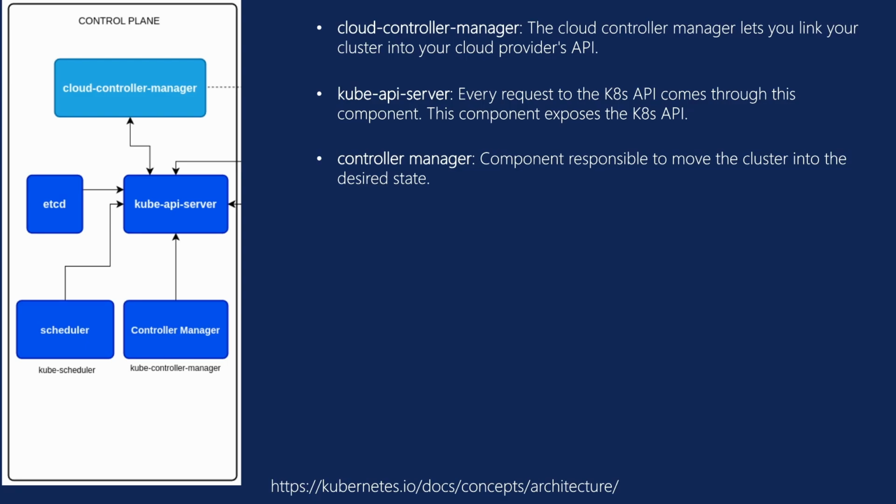Now, in Kubernetes, we have a bunch of controllers. We do not just have one controller, we have a bunch of controllers, and each controller is responsible for a specific action in this Kubernetes ecosystem. As an example, we have a node controller, which is a controller that checks if I have X nodes up and running.